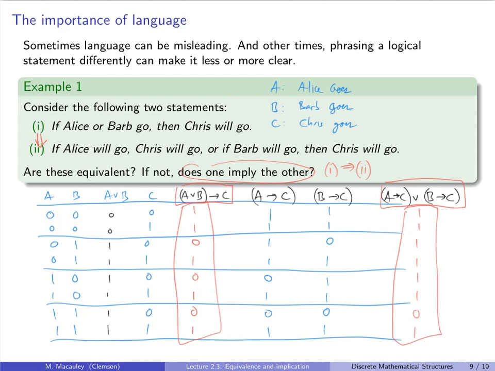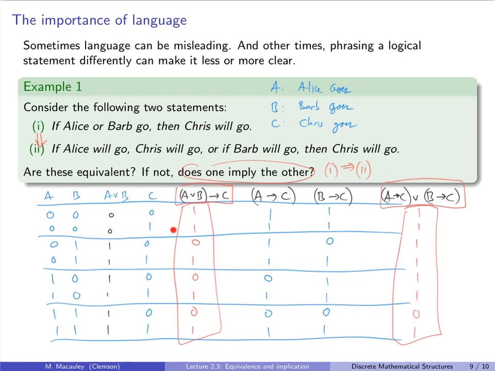So let's just finish by looking at where these things differ. Both of these, this seventh line is false. So if Alice and Barb both go and Chris doesn't go, then yes, that contradicts, or goes against these statements.